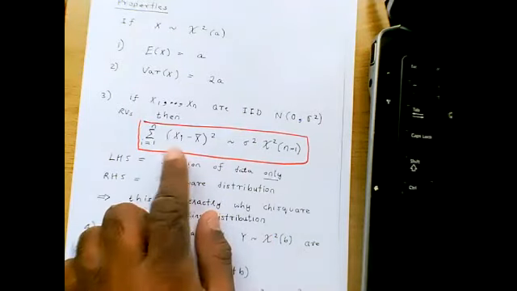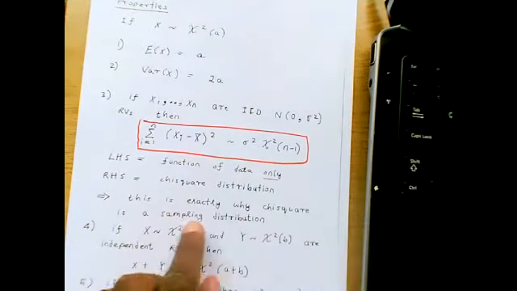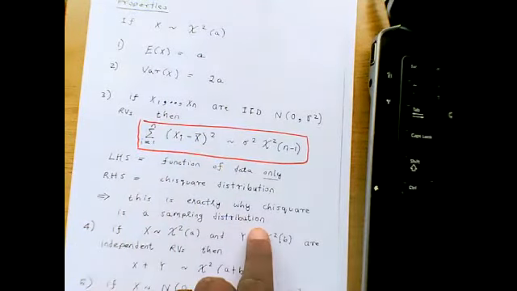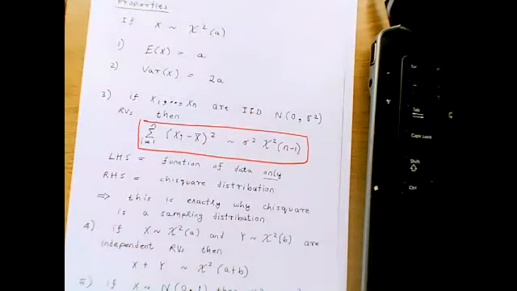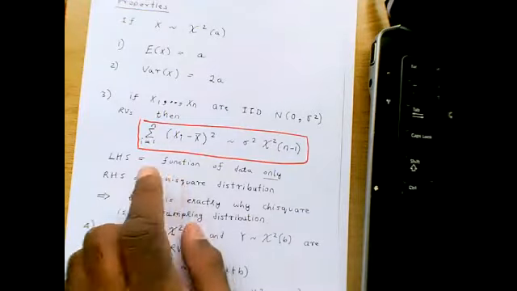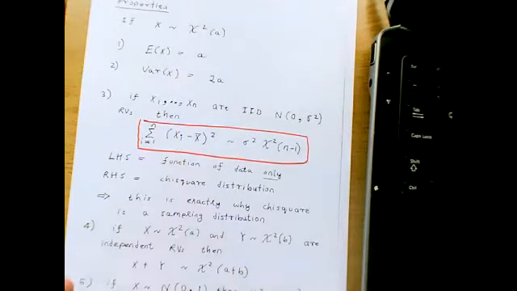This property is the reason why the chi-square distribution is a sampling distribution, because you have a function of data that follows the chi-square distribution. Remember, at the beginning I told you that a sampling distribution is a distribution that arises as a function of the data, and that is precisely what you see here.